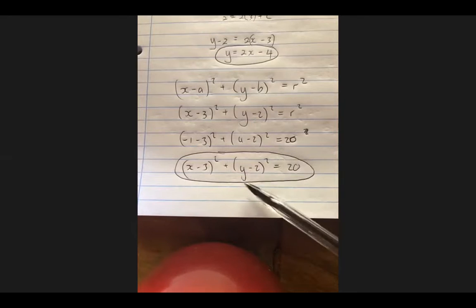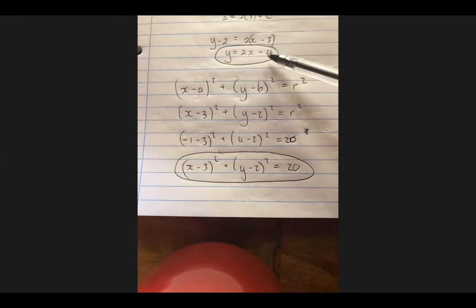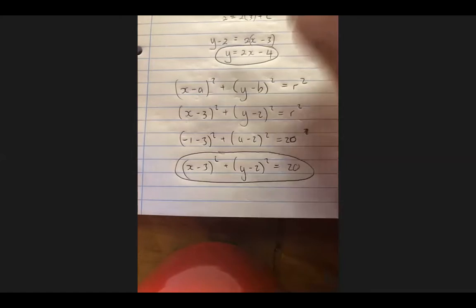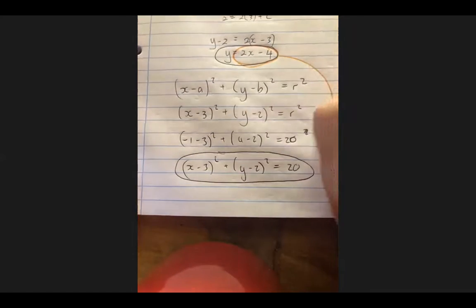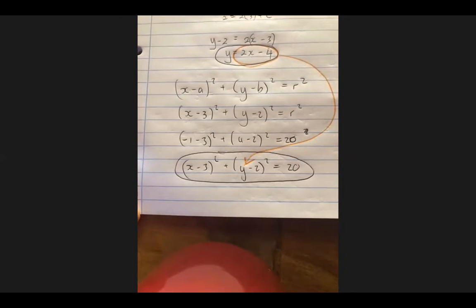But you're not going to get y alone here. Don't try the traditional method of setting them equal to each other. Rather, substitute this y. Let me use some color. Let's substitute this y right in here, and that will actually give you the point of intersection.